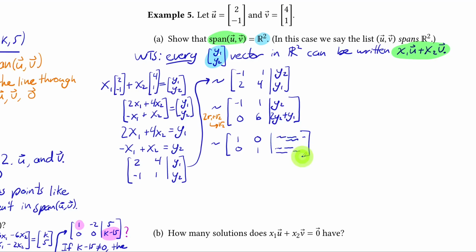And the reason I'm not bothering to do that is because it doesn't really matter what's on the right sides of these equations.